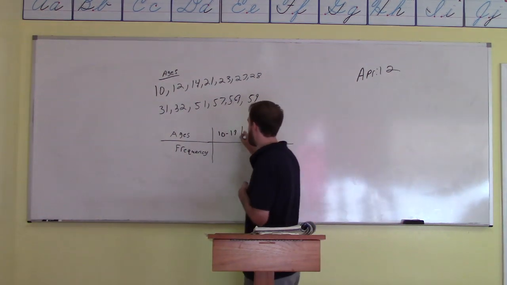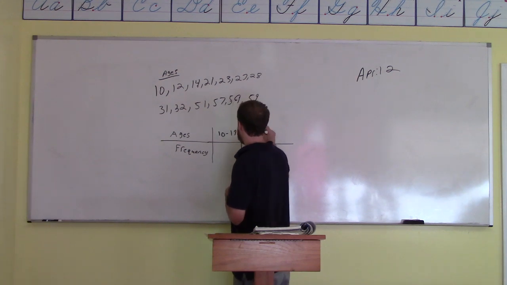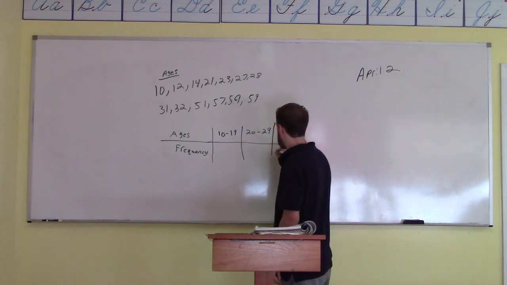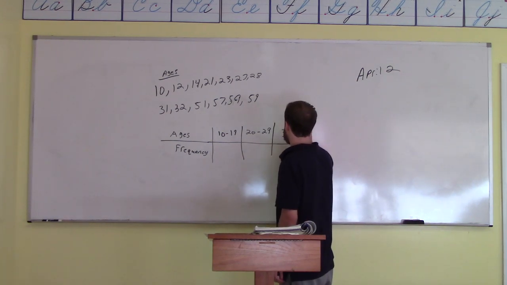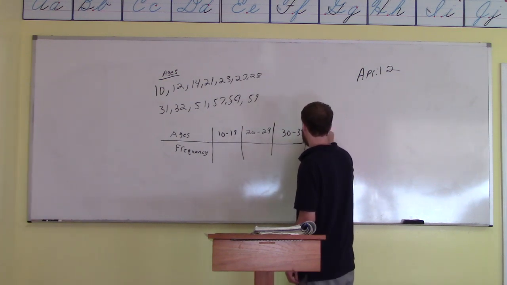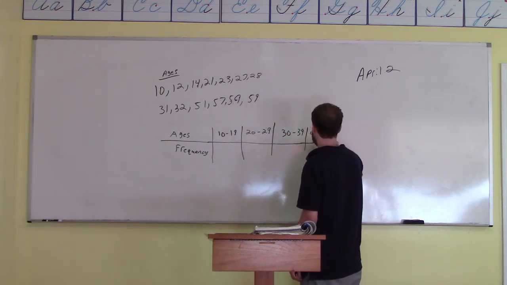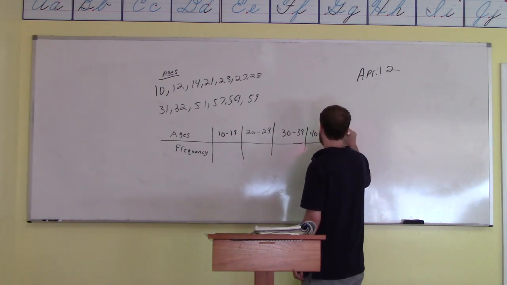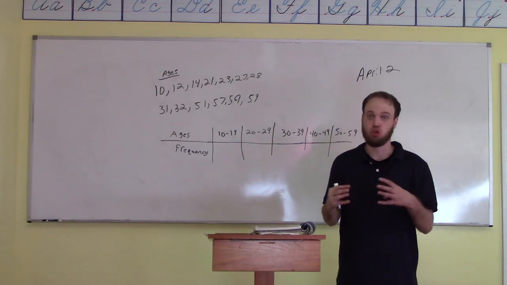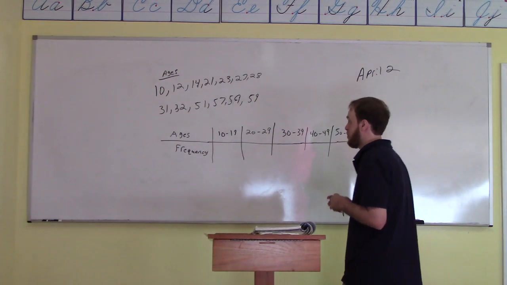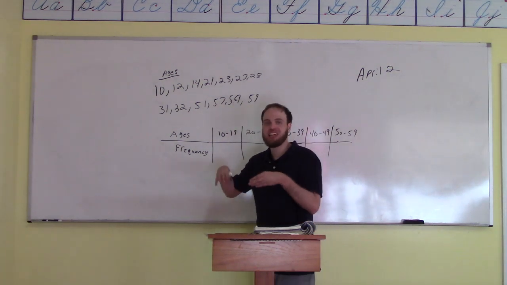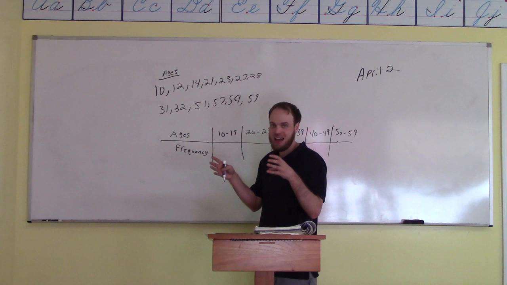Then I'm going to look at ages 20 to 29, then 30 to 39, then 40 to 49, and then 50 to 59. Those are just my age brackets, my spans, my groupings, my classes. Now I'm going to count up how many fit into that category, into that class, into that span.